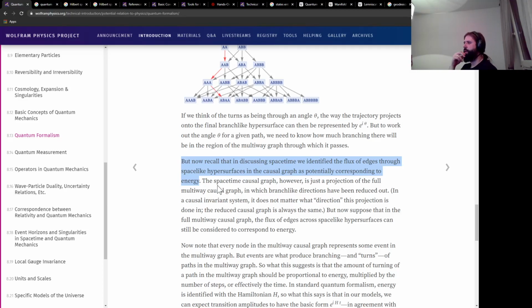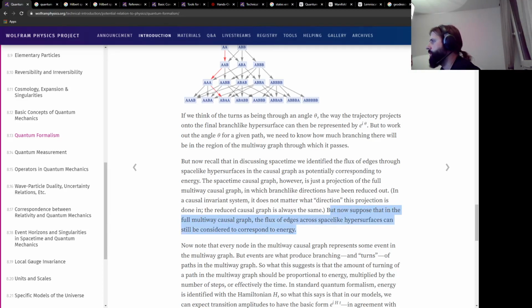The spacetime causal graph, however, is just a projection of the full multiway causal graph in which branch-like directions have been reduced out in a causal invariant system. It does not matter what direction this projection is done. Wow, that jumped too much ahead. But now, suppose that in the full multiway graph, the flux of edges across space-like hypersurfaces can still be considered to correspond to energy.